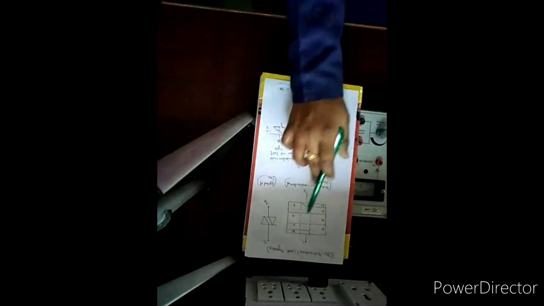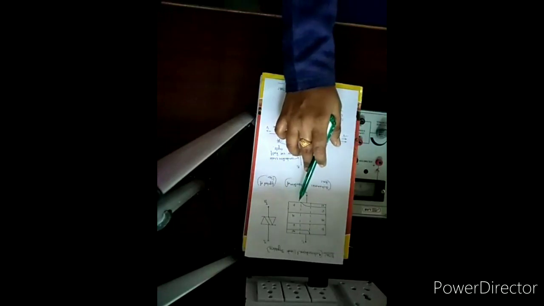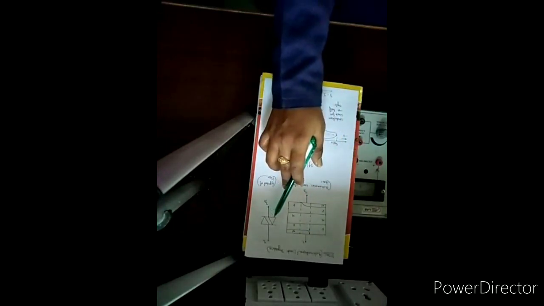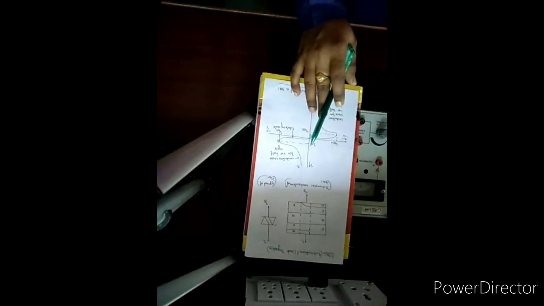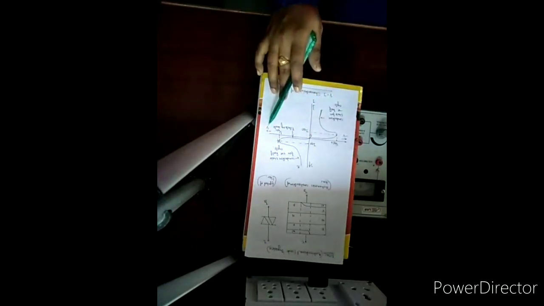Now, see students, this is the schematic construction diagram. It is simply two diodes anti-parallel to each other. Now we discuss the characteristics graph. Here the x-axis is the voltage across the two terminals T1 and T2, and I is the current flowing through them.